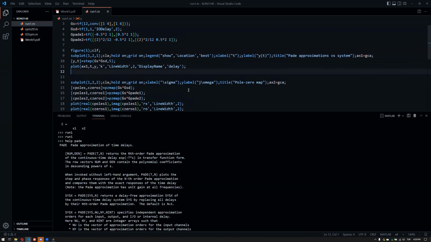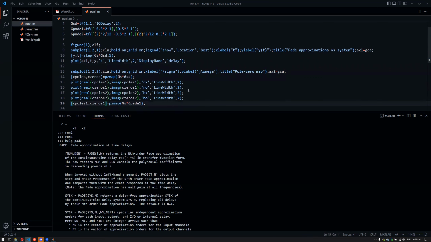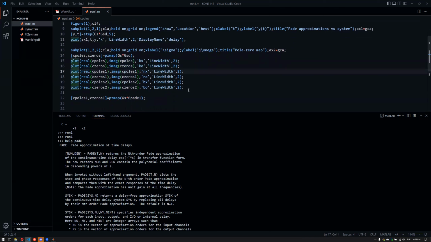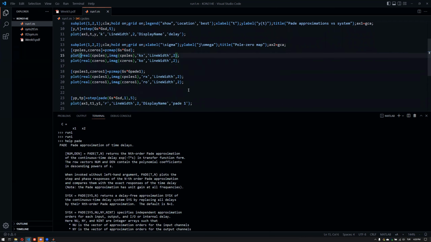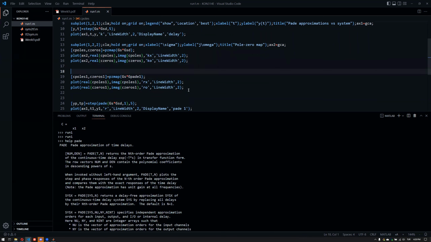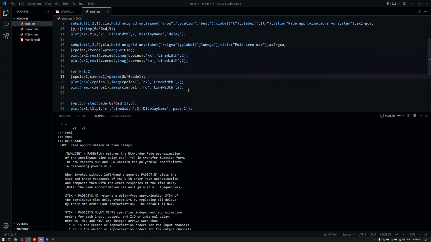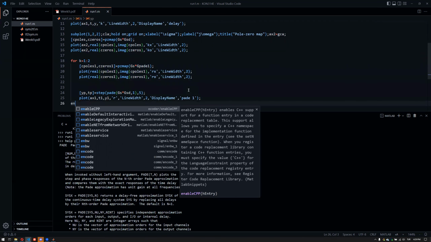So here we will just have the actual system. Here again, the actual system, get rid of this. Move this here, down here. Then move this here. And get rid of this. Of course, AX2, AX2. So what I'm going to do is open up a for loop for the order here, let's say 2. And then end.